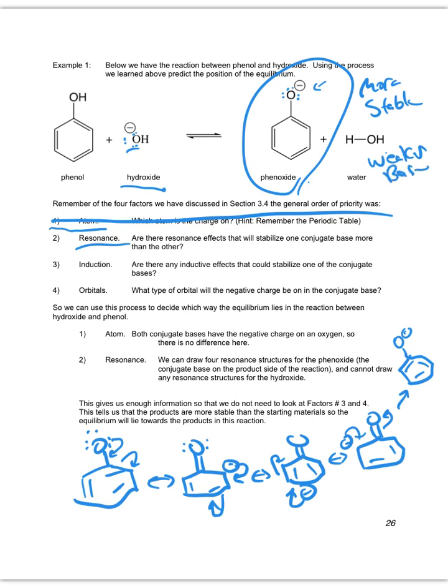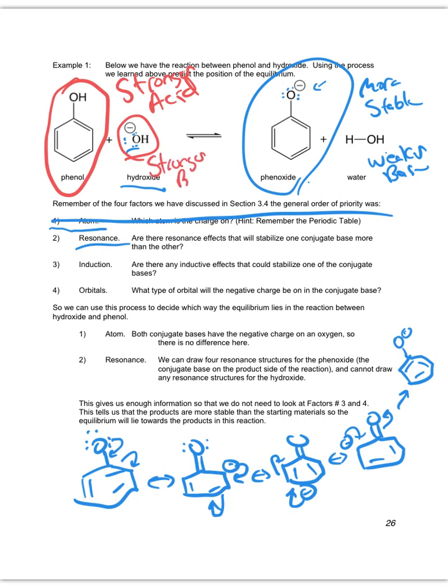So that makes phenol the stronger acid and hydroxide the stronger base. So the equilibrium is going to lie towards the products. And since we've gotten to resonance, we don't have to worry about induction or the orbitals at all. So right there we know the equilibrium lies to the right.